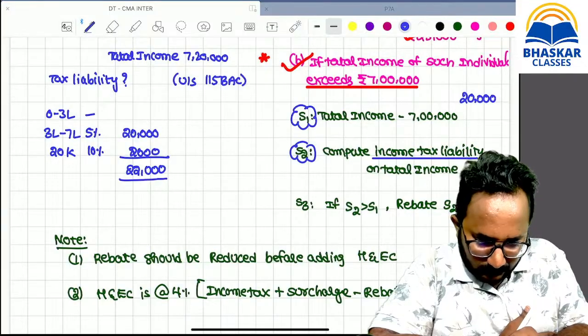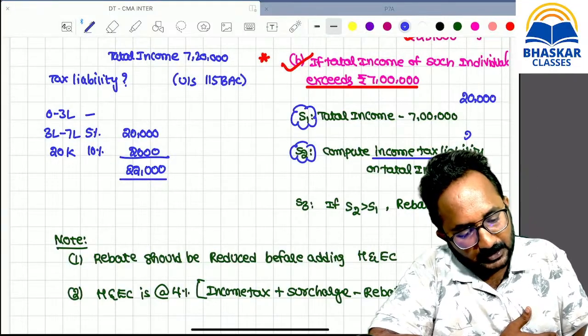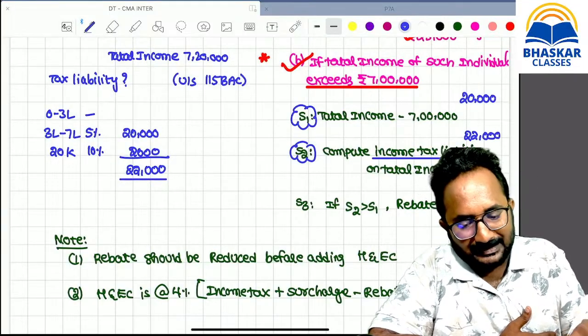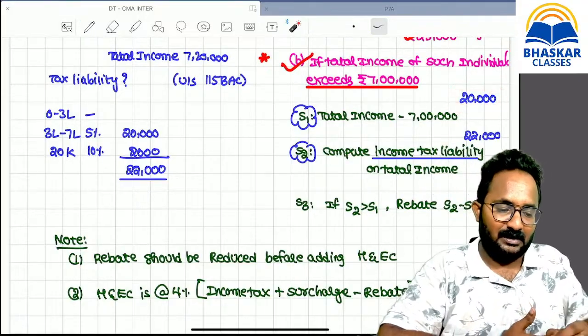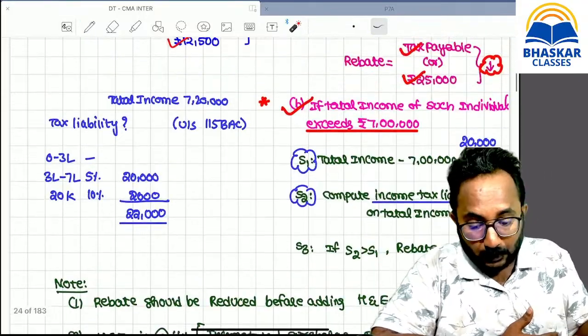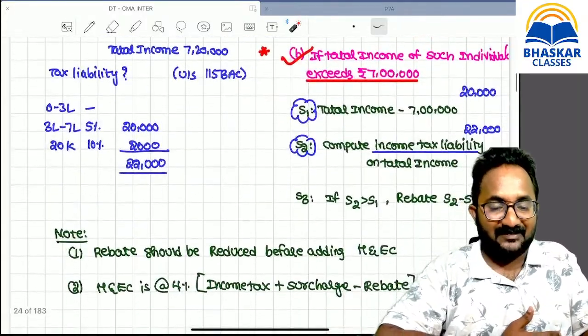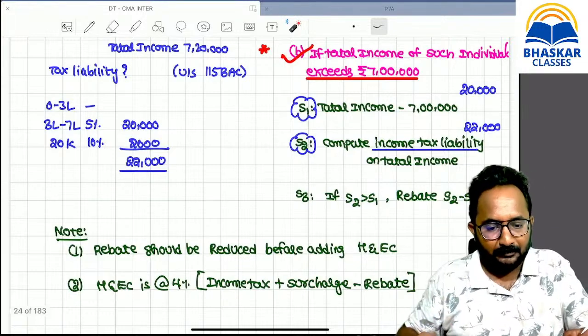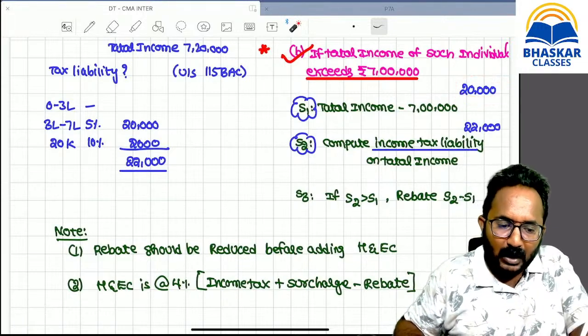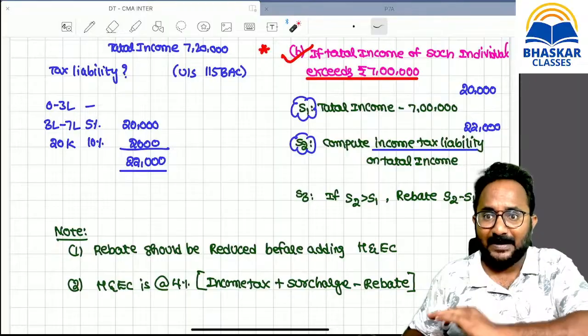Sir, what is that income tax liability? 22,000. I earned only 20,000 extra, but up to 7 lakh there is no need to pay tax. Over 7 lakh, how much did I earn? 20,000. But you are asking for 22,000, how can I pay, sir?